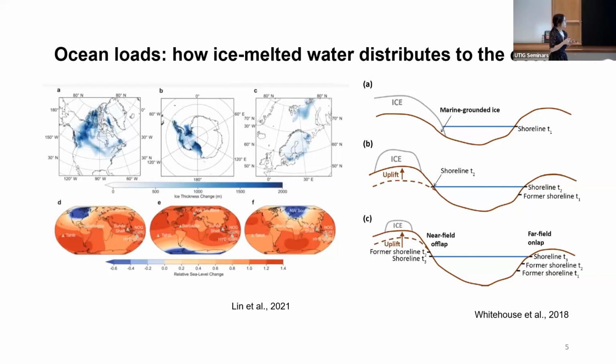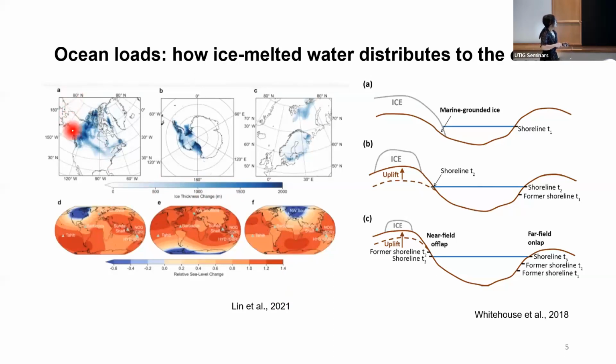But if we want to consider a gravitationally self-consistent ocean, we need to include more than this first, global constant component. For example, I showed here, this is from Lin's work.